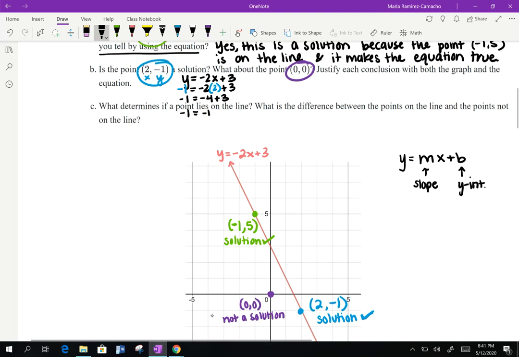Negative 4 plus 3 is negative 1. That works. So we can tell from the equation that this is a solution. We already knew that from the graph, but now we're confirming. Let's confirm that 0, 0 is not a solution. So take your original equation, plug in 0 for x and 0 for y. Again, we're getting an xy coordinate, so that's why we're getting those values for x and y.